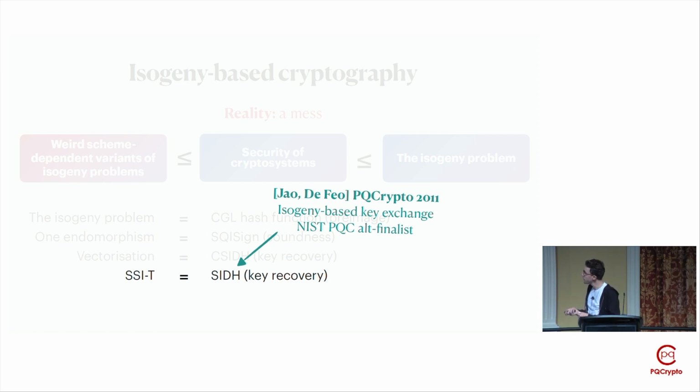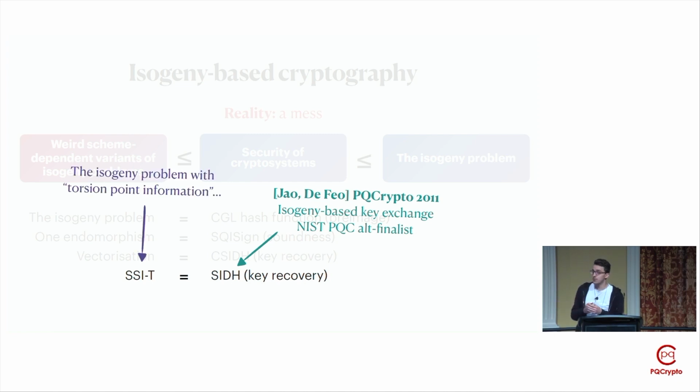It reached its peak last year when it was selected by the NIST post-quantum cryptography call as an alternate finalist. And its security is equivalent to a problem called SSIT. SSIT stands for supersingular isogeny with torsion. So it's like the isogeny problem with some extra information known as torsion point information.